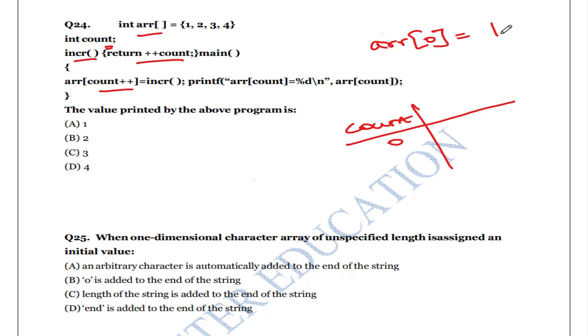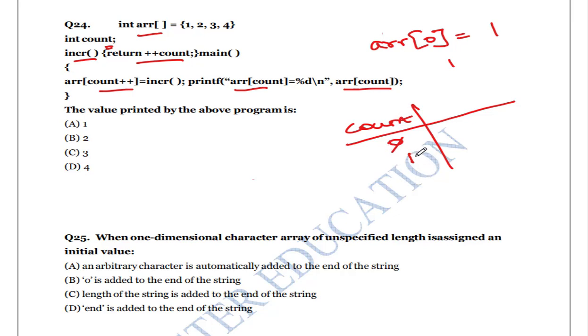So this ARR of 0 will assign the value 1. Printf ARR count, so first 0, now it is 1, and printf ARR count equal to this.